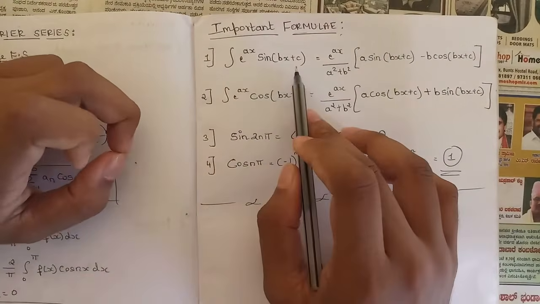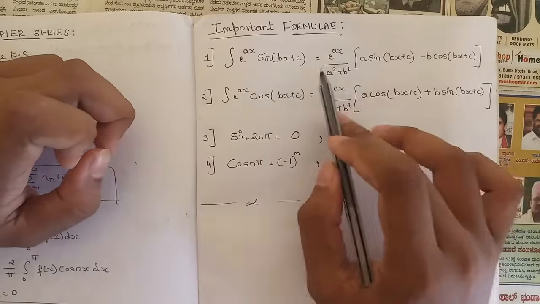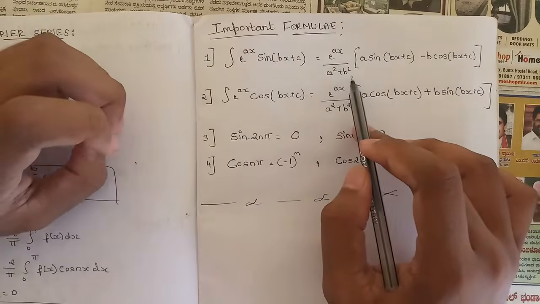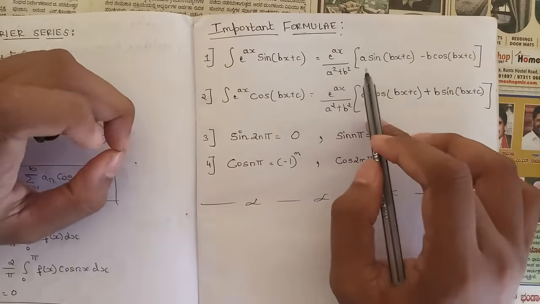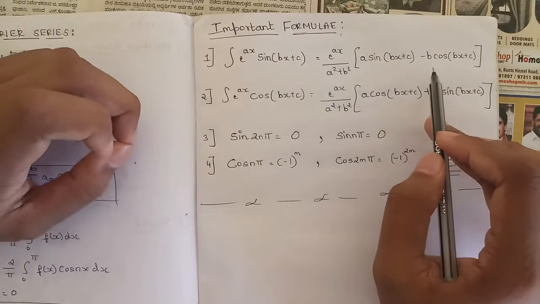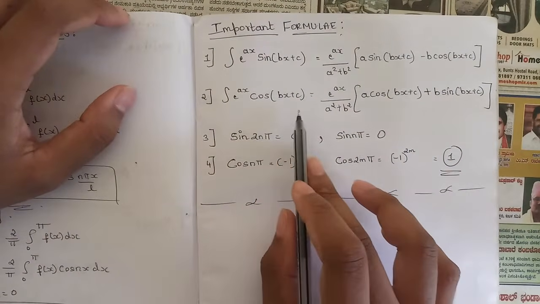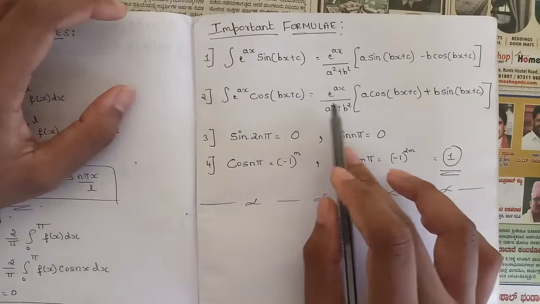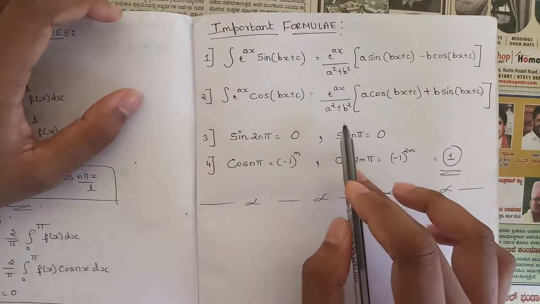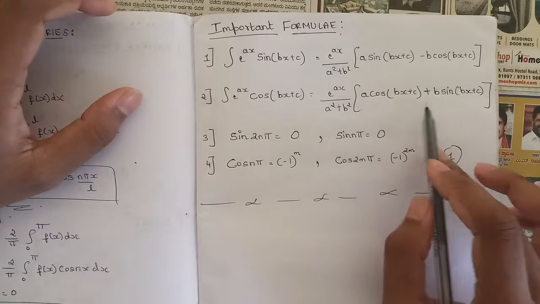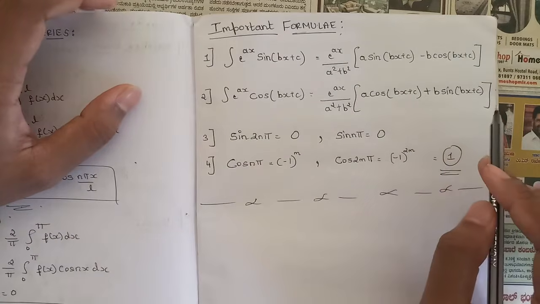For sine bx plus c, we have e power ax divided by a square plus b square, into a sine bx plus c minus b cos bx plus c. And for the integration of e power ax cos bx plus c, we have e power ax divided by a square plus b square, a cos bx plus c plus b sin bx plus c.